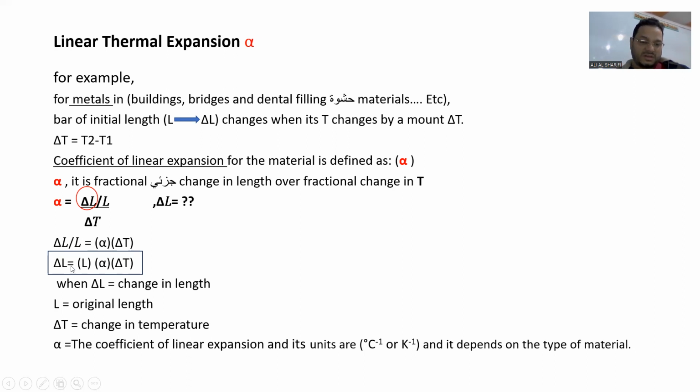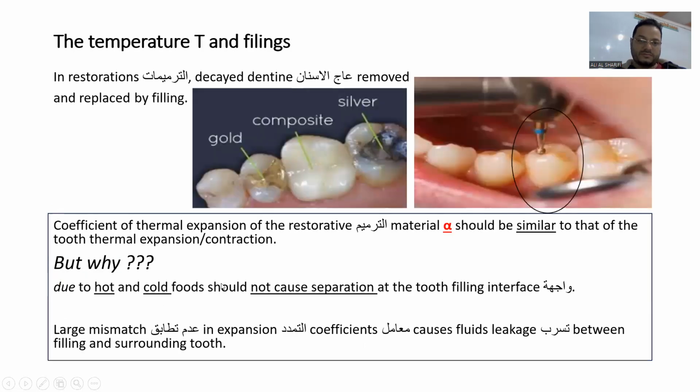By that, we can calculate delta L: delta L equals alpha, the coefficient of linear thermal expansion, multiplied by L, the original length, multiplied by delta T, the change in the temperature.